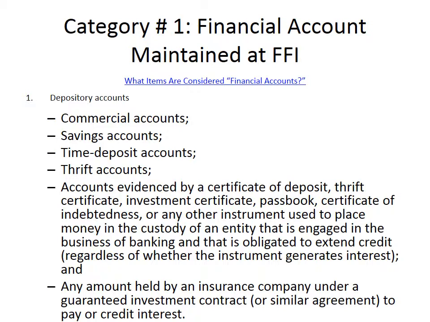But as you can see by this laundry list, depository accounts include much more than just commercial accounts and savings accounts. We're also talking about time deposit accounts, thrift accounts, and get ready now for what is a very lengthy list of accounts. This is in point number 5 here.